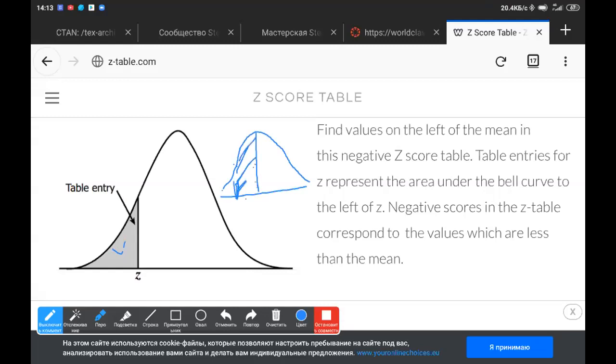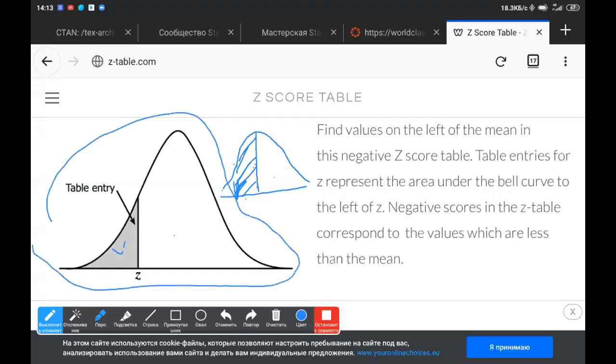And on the internet, you have both kinds of Z tables, the one for tails or the one for centers. And usually they have this kind of pictures which show you what kind of Z table it is. You can use both of them.